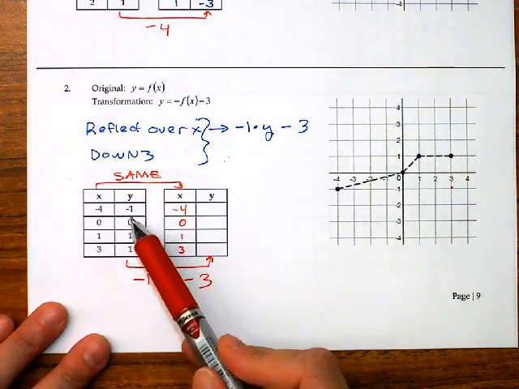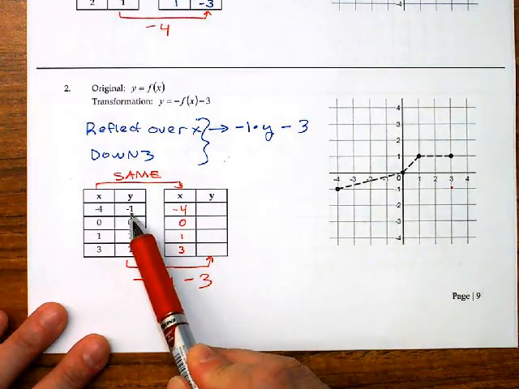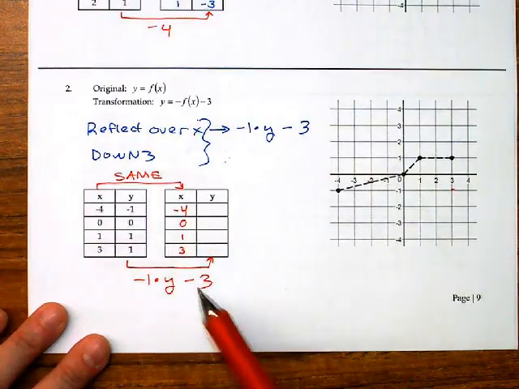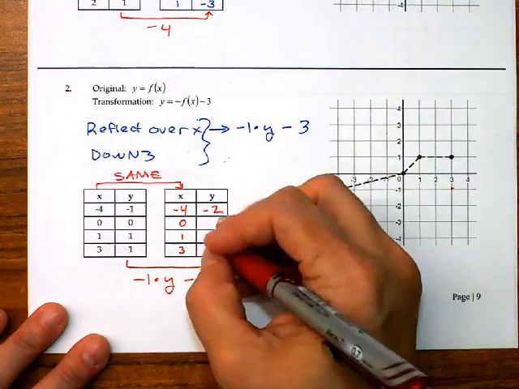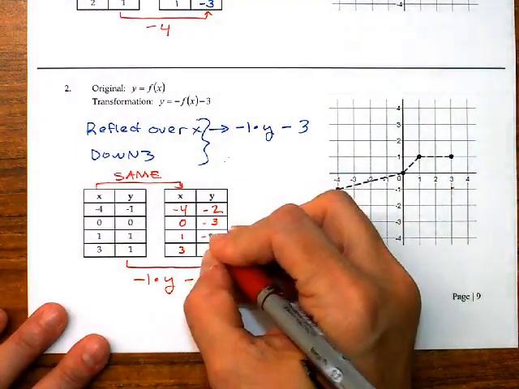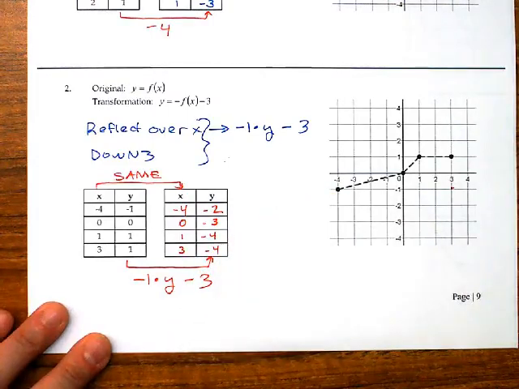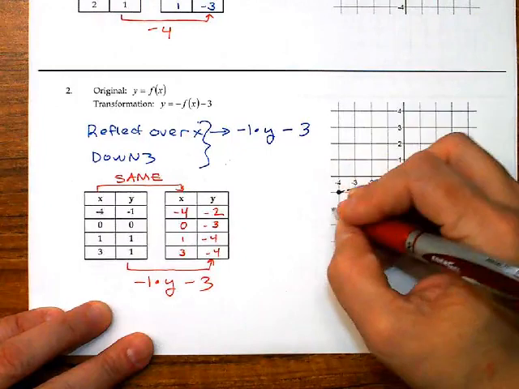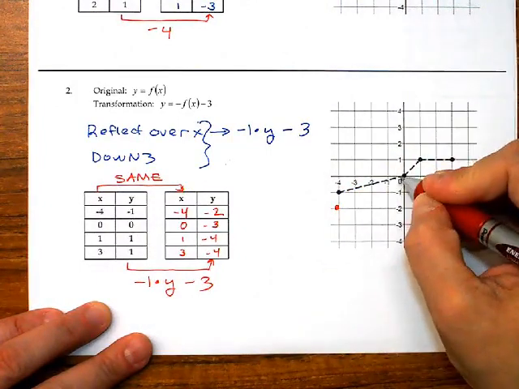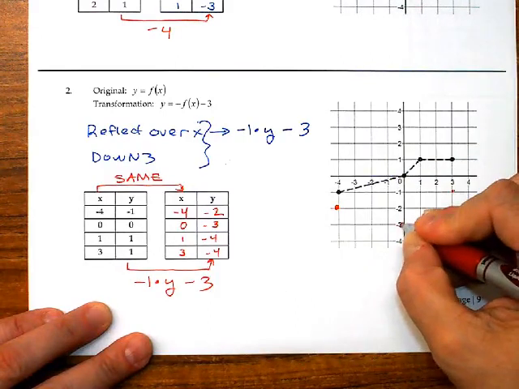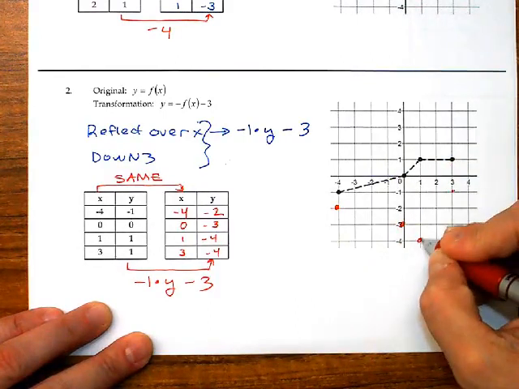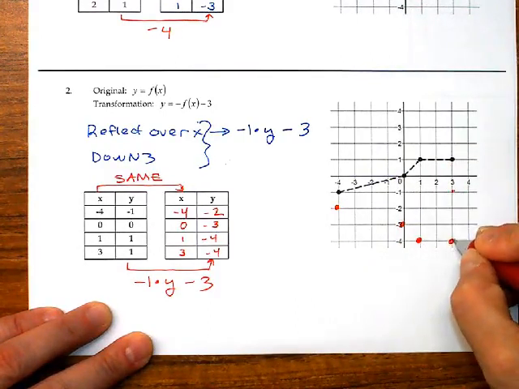So for example, -1 times -1 is +1, and then we subtract 3. That gets us a -2. If we continue that for the rest of the y values, there we have it. And if I plot these new points, let's see, (4, -2), (0, -3), (1, -4), and (3, -4).